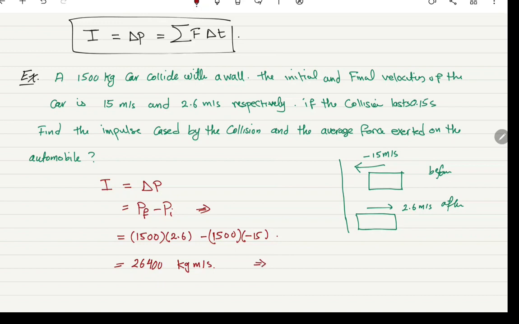Now to find the net force acting on the car, impulse equals F net, or the sum of all forces, times delta T. Delta T here is the contact time, so F net equals 26,400 divided by 0.15 seconds. So F net here equals 176,000 newtons.